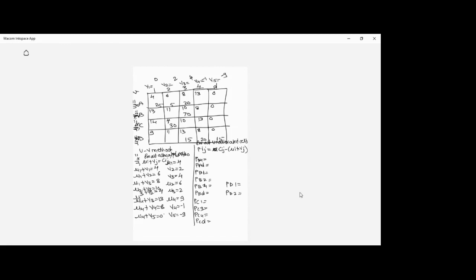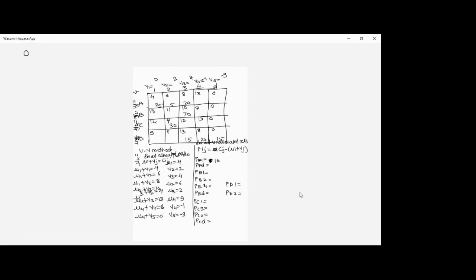So let's find out for PA4. We'll be recalculating. For PA4, it will be 4 minus 1 is 3 and 13 minus 3 is 10.